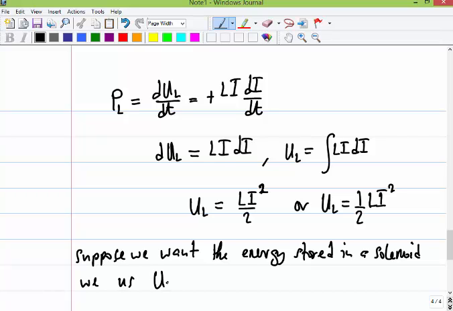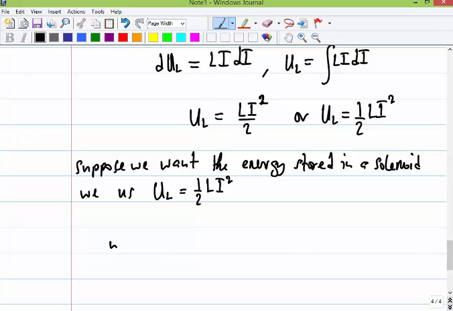We shall use U subscript L equals half L i squared, and then we'll just take the L for a solenoid. What was L for a solenoid? We found that to be equal to mu naught n squared A over l.